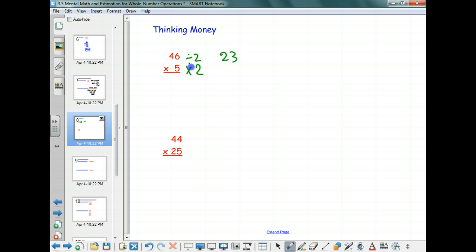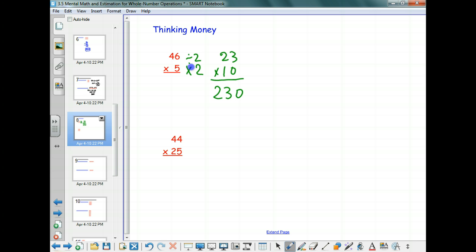Okay, and you can imagine doing that. I mean, there's a physical description and image that goes along with this idea. And then this would become 5 times 2, which is 10, and I like that too, because 23 times 10 is a lot easier to multiply. What is it? 230. Excellent.